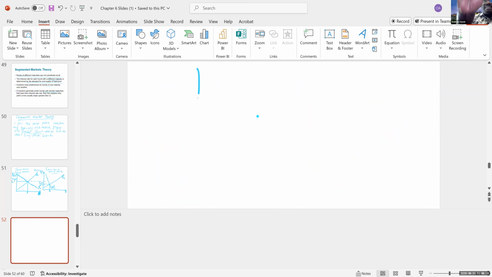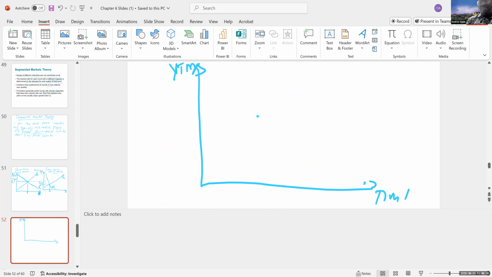So that is going to guarantee that if I put yield to maturity versus time to maturity, it means that the yield curve is going to be upward sloping. Why?